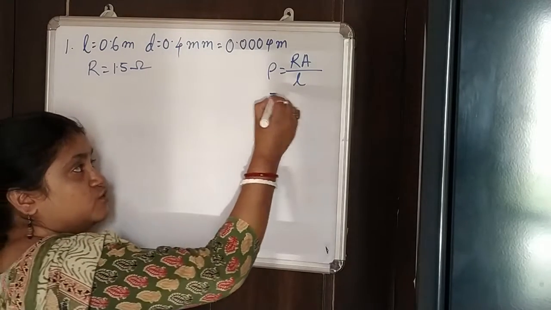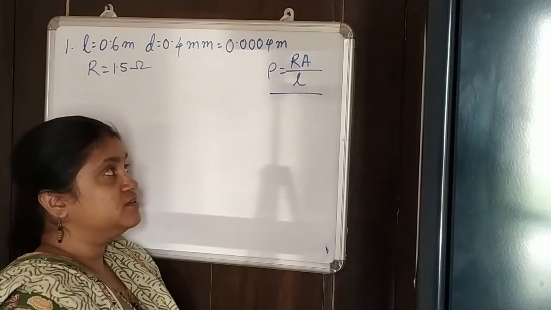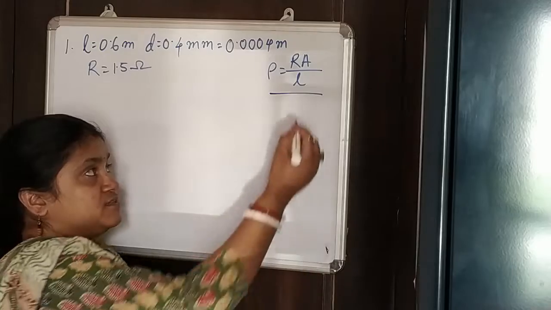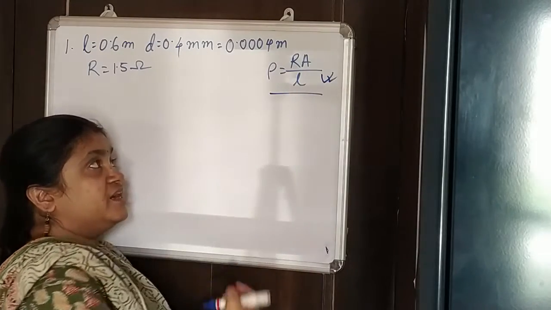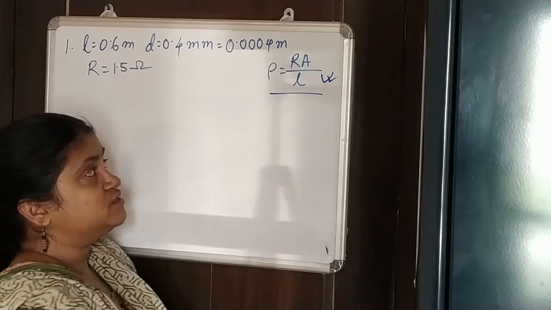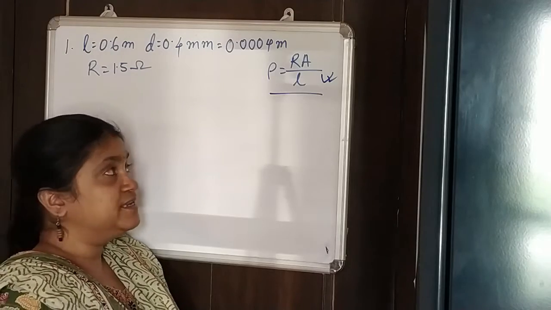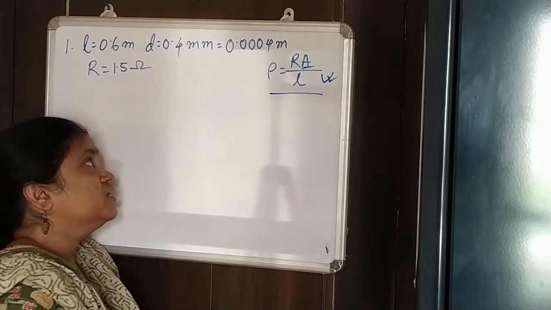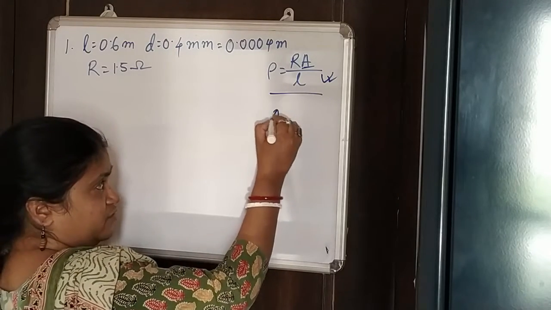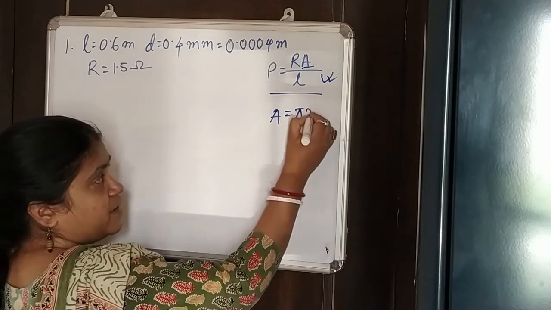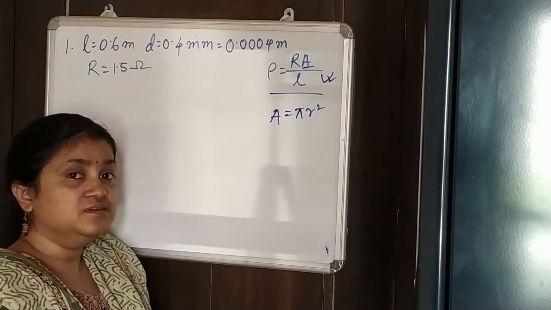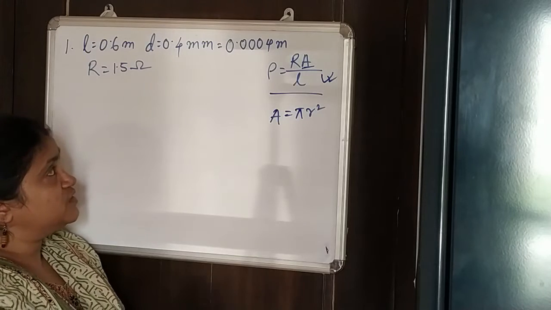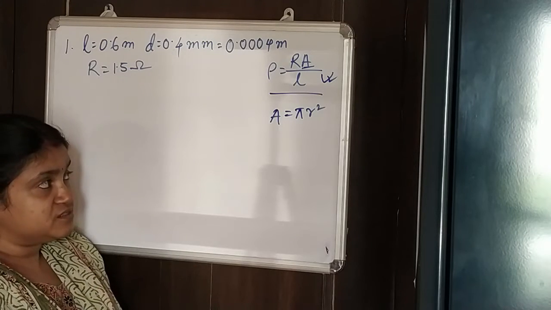So as we already know, the resistivity rho equals R into A by L. This formula we need to use. Since we are already given the resistance and the length, we need to first find the area. We know that for a wire, area is pi r square, where r is the radius of the wire, but we are not given the radius, we are given the diameter.